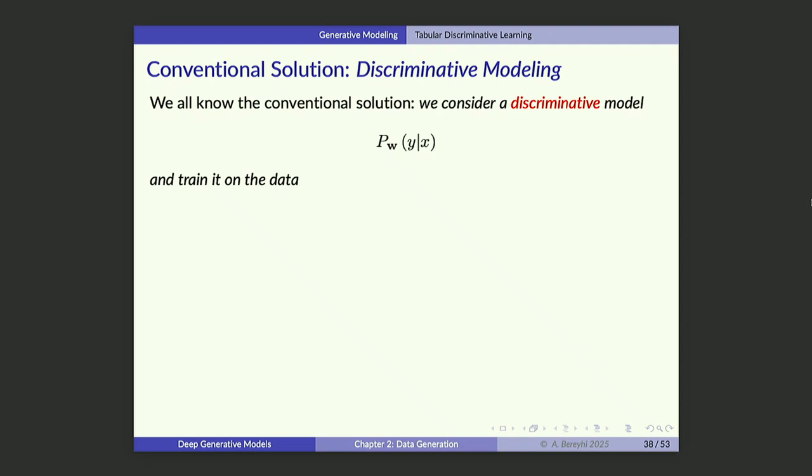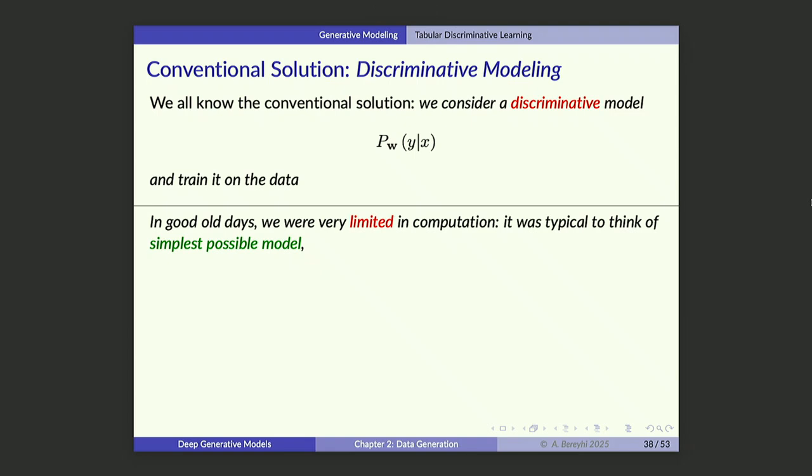What is that? Support vector machine is actually a bit advanced, like before that. Logistic regression, right? Linear, the simplest one. Just do logistic regression. Simplest possible thing when people had no computation.